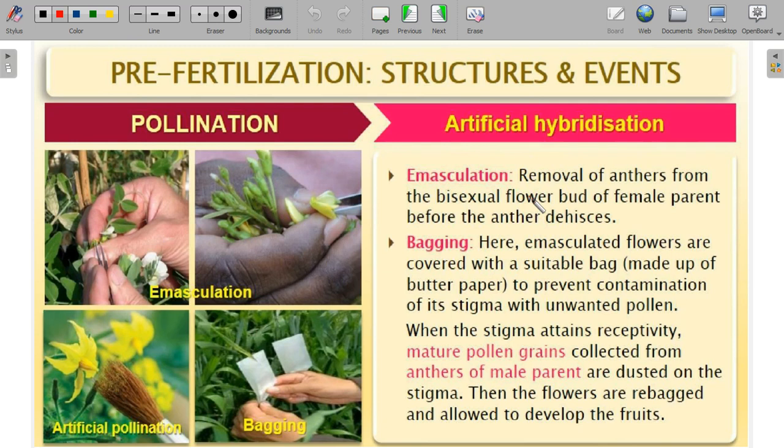It will become a unisexual female or pistillate flower. So removal of anthers from the bisexual flower bud is called emasculation. As a result of emasculation, we are getting a unisexual female flower.